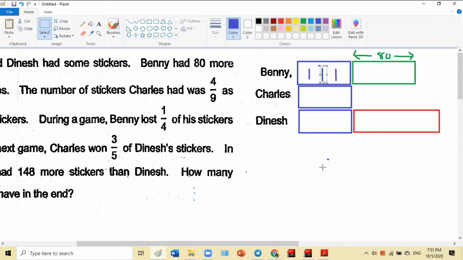By drawing 3 cuts, I get 4 boxes. Can you see now? 1, 2, 3, 4. So, needless to say, in that case, Dinesh's must also be 4 here, because it must be the same.